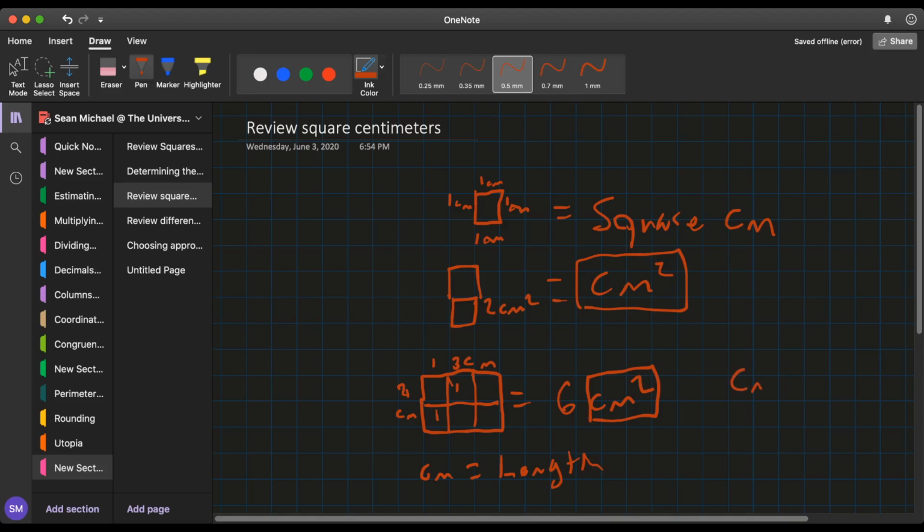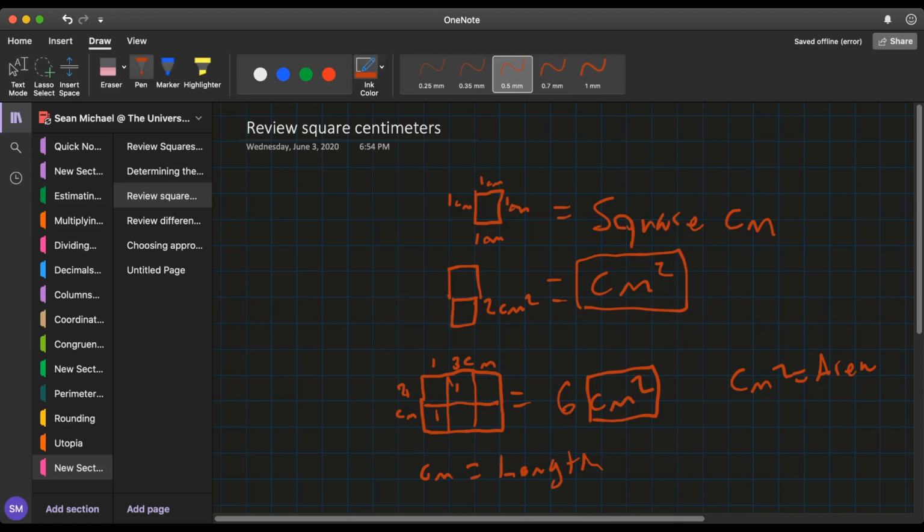Centimeters squared equals area. And later we'll maybe learn about centimeters cubed, which is volume, but we won't get into that yet. But yeah, centimeters squared is area. So centimeters normally is length, or meters or anything without the 2 beside it is for a length. And that's why it's 2 centimeters this way, because each of these sides is 1 centimeter, and then this is 3, and that equals 6.